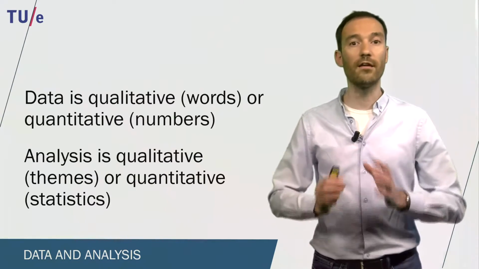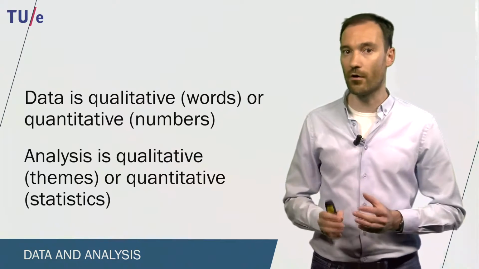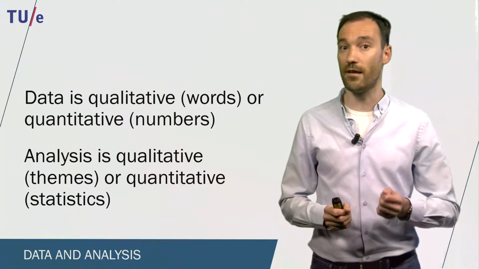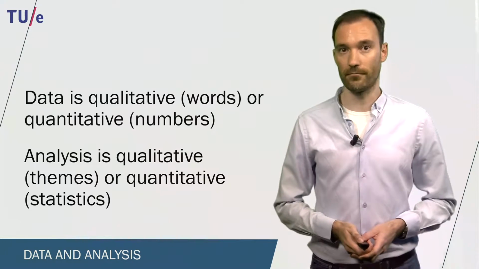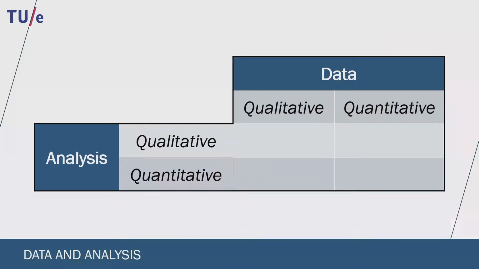In order to clearly explain what the differences are between qualitative and quantitative data versus analysis, let me show you the following table. In this table, we can see two columns, qualitative versus quantitative data, and we can see two rows, qualitative and quantitative analysis. If we want to do a qualitative analysis of qualitative data, we would do a so-called thematic analysis where we search for themes.